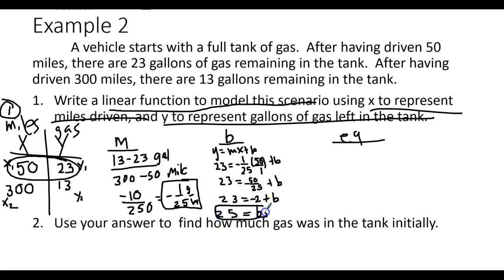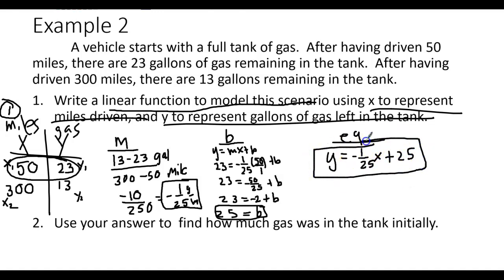So now I have a slope of negative 1/25, which means that I'm losing 1 gallon every 25 miles, and I have a y-intercept of 25. So my equation will be y equals negative 1 over 25x plus 25. Okay?